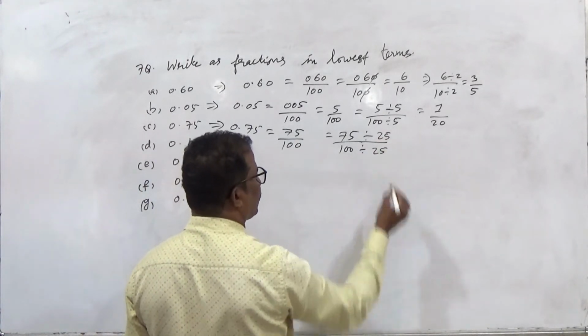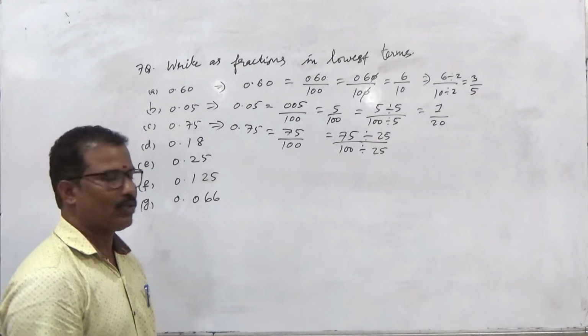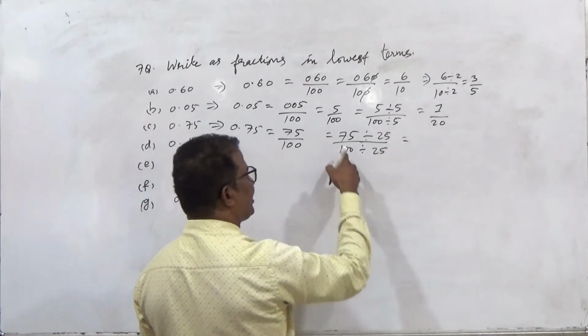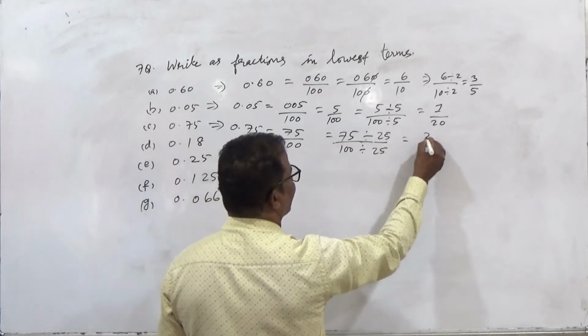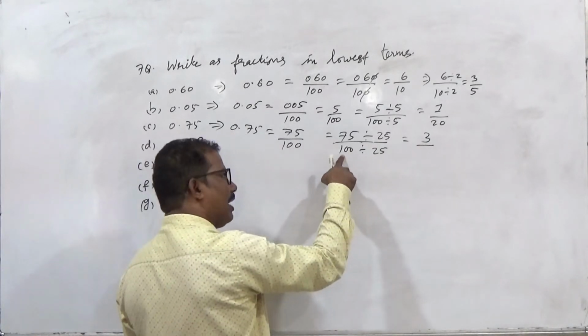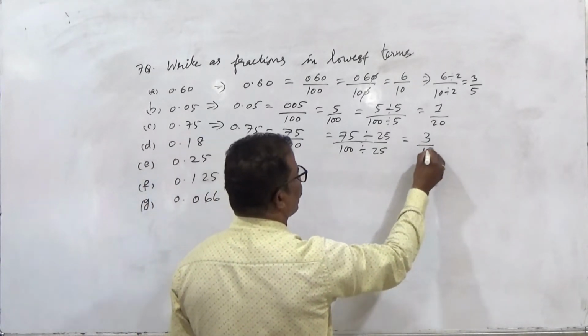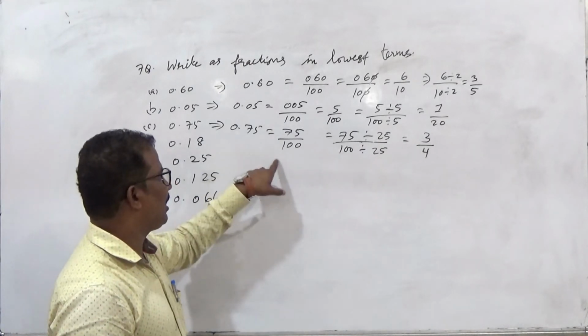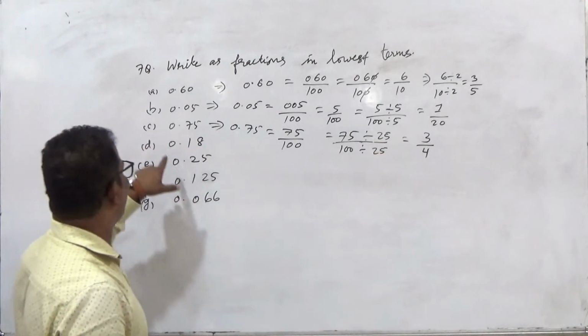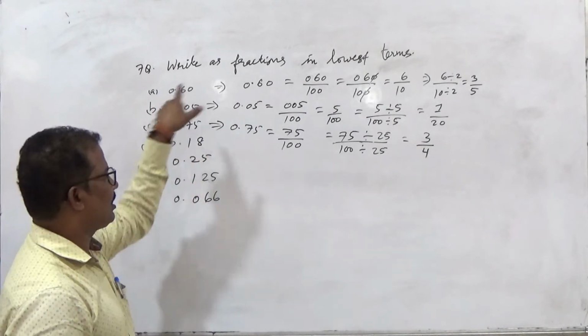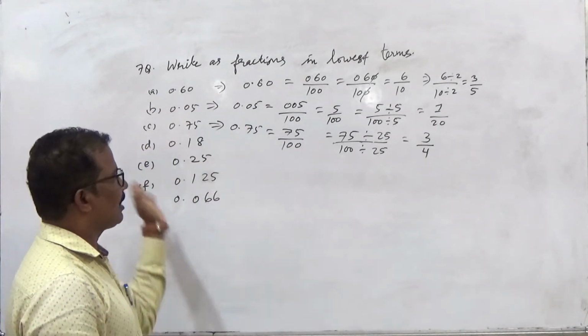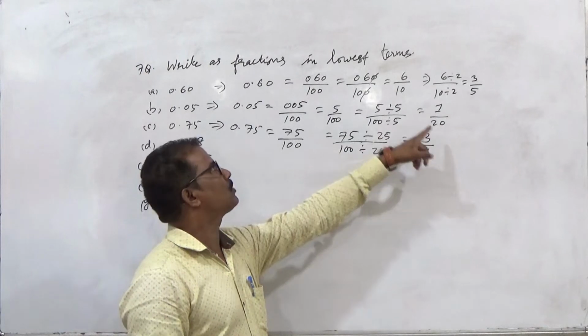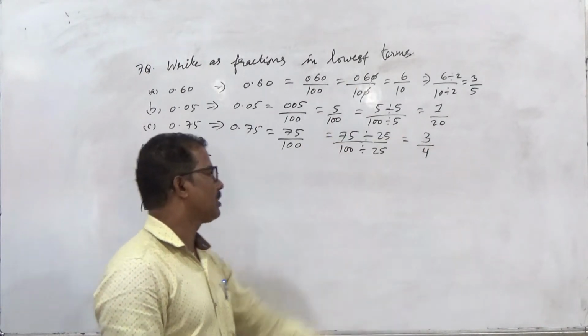So we can divide both numerator and denominator by 25. If we divide 75 by 25, we will get 3, and if we divide 100 by 25, we will get 4. So the simplest form of 75 by 100 is 3/4 only. For this given decimal, we have converted first into fractional form, then again we have converted into simplest form, or we can say lowest form, like this only.